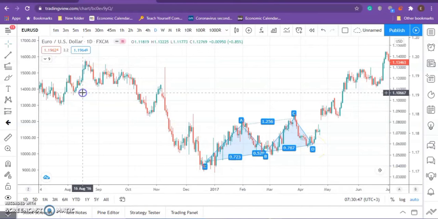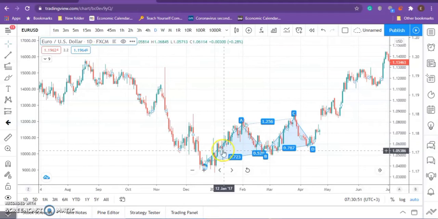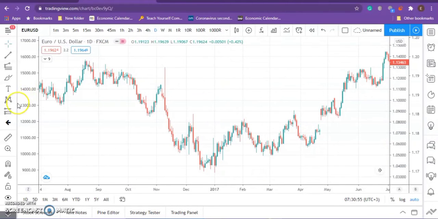Yeah, so let's look at the same one using the Fibonacci retracement and the Fibonacci expansion tools.